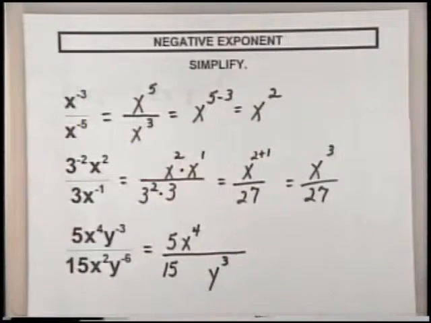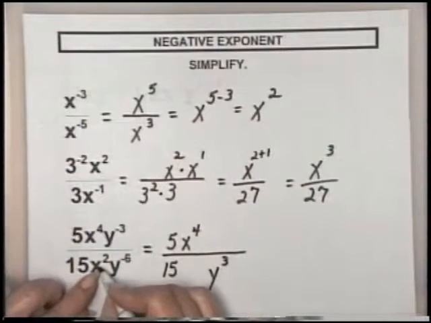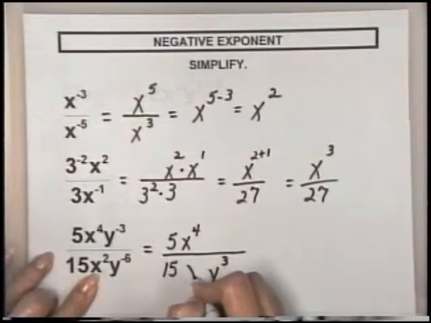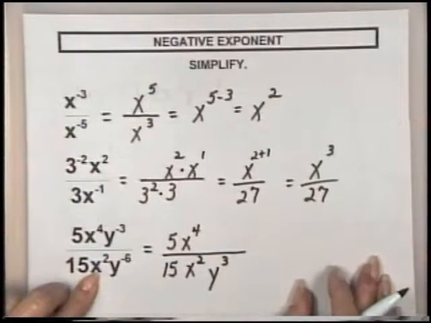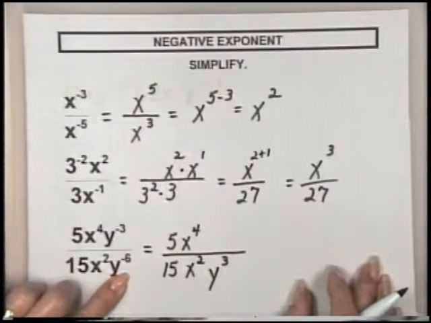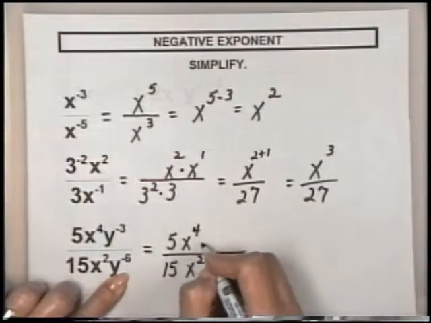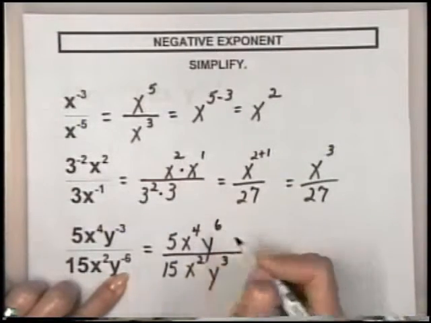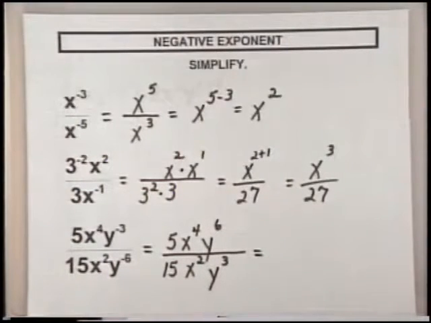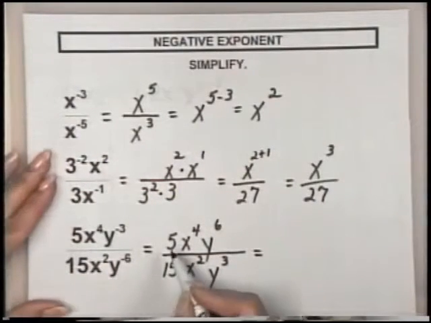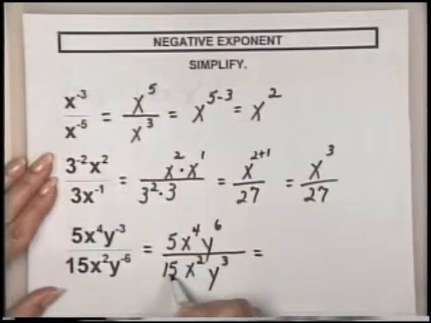In the denominator, my factor of 15 is understood to have a positive 1 exponent, so it will stay in the denominator. My factor of x squared has a positive exponent, so it will stay in the denominator. But my y to the negative 6 has a negative exponent, so it will move to the numerator as y to the 6th.